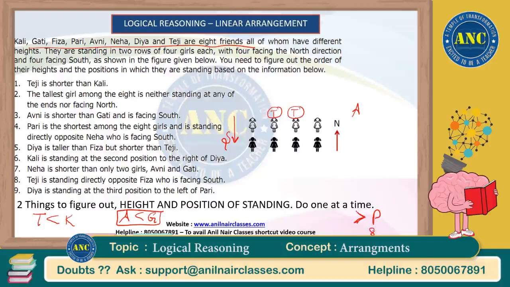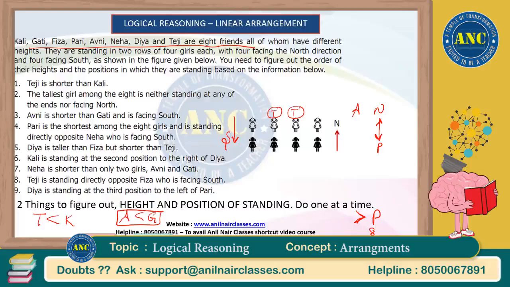She is standing directly opposite Neha, who is facing south. So Pari is facing north, and Pari has Neha opposite to her. So Pari and Neha are opposite to each other.